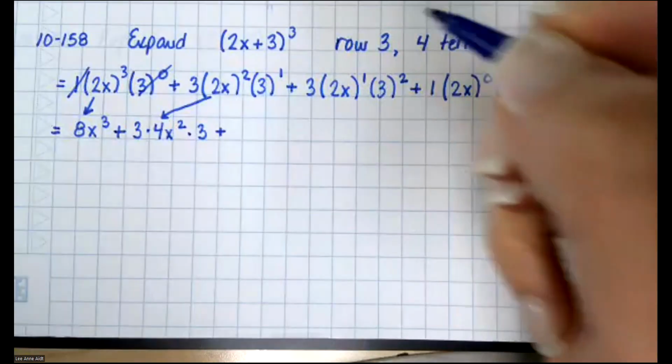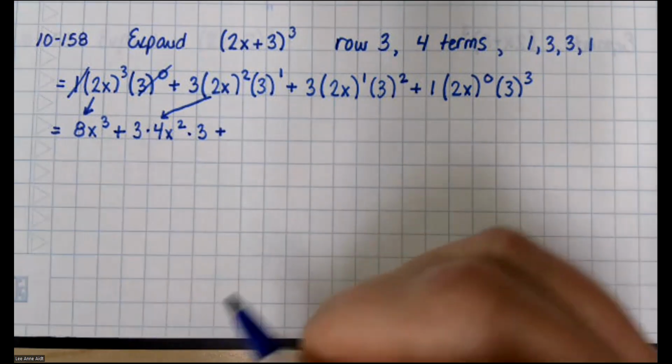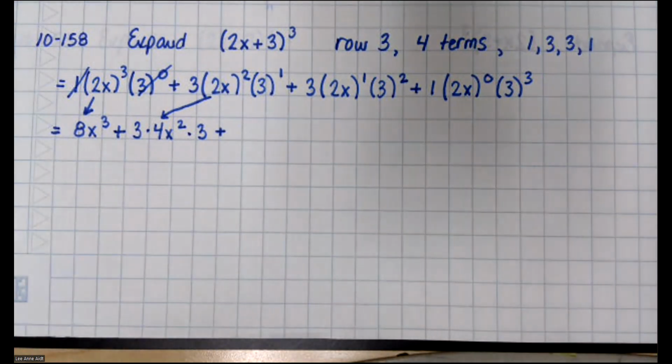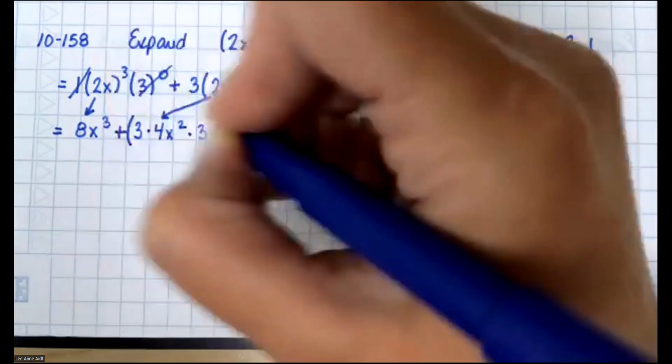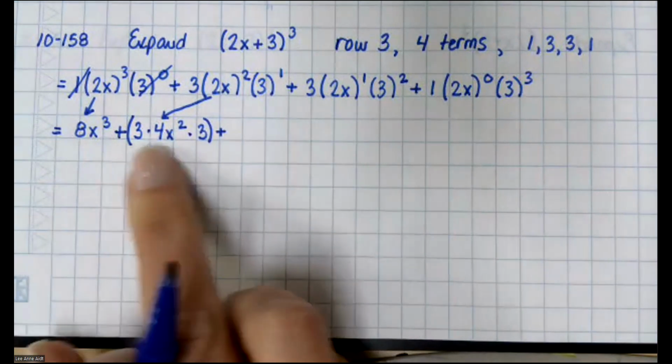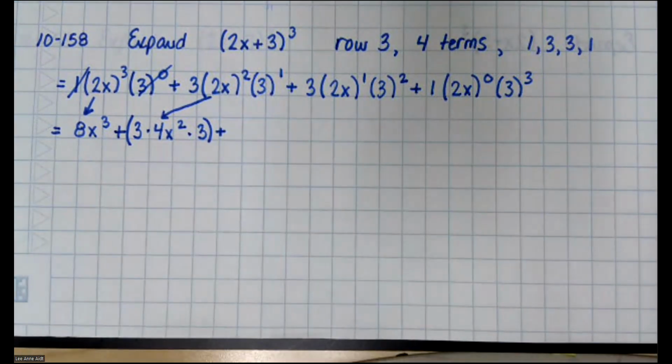Plus, and if you're organizationally challenged, meaning that your handwriting is like, you're going to be a doctor someday, you might want to put parentheses around that particular piece so that you can see that that goes together. You don't have to, it's not required, but it does help.